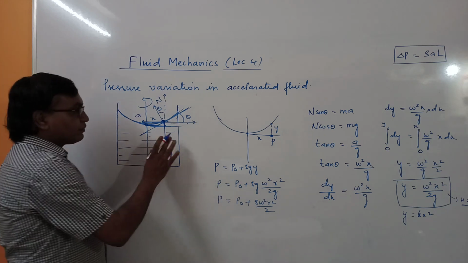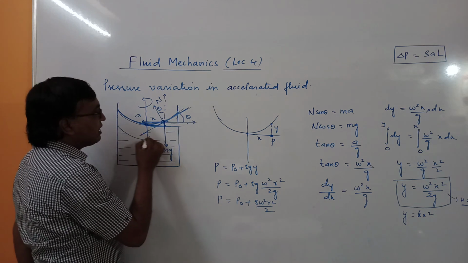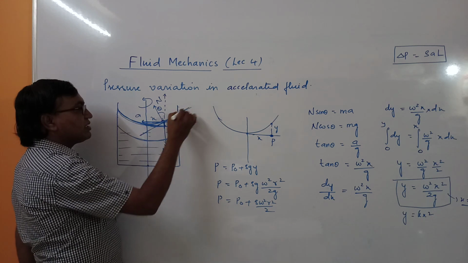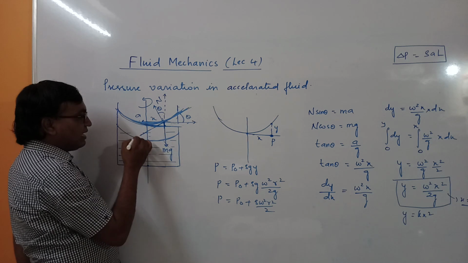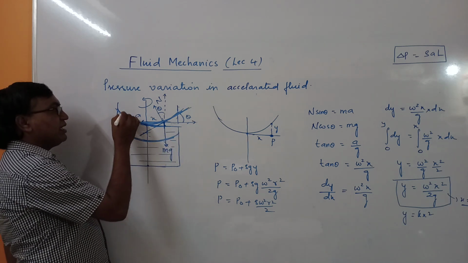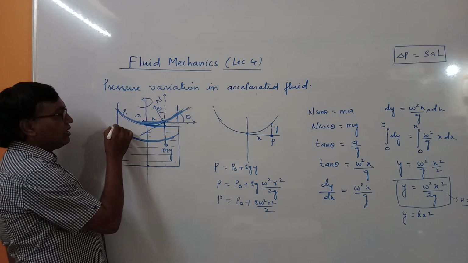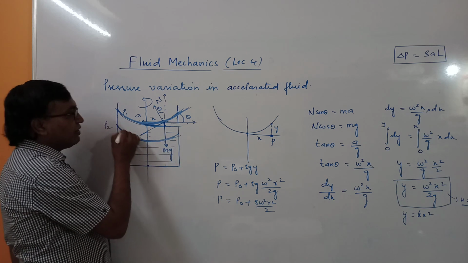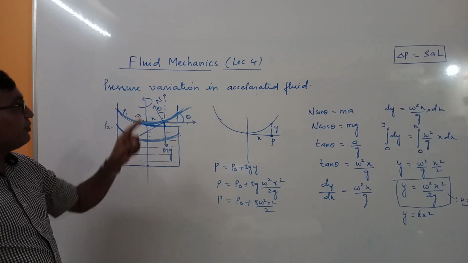Now if you observe this free surface, if you consider any paraboloid, on this free surface the pressure is the same everywhere. If you take a parallel line like this, here also the pressure will be the same. That means if here the pressure is P1, on this line everywhere the pressure will be P1. If the pressure at this point is P2, then everywhere on that line the pressure will be P2.